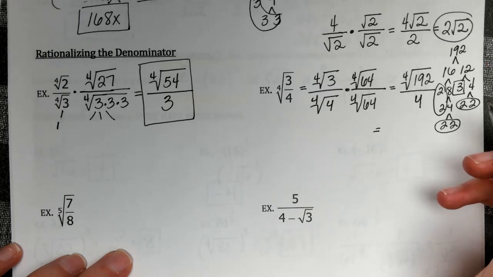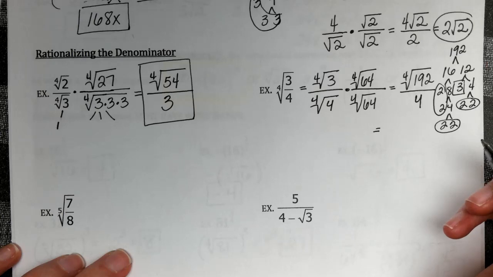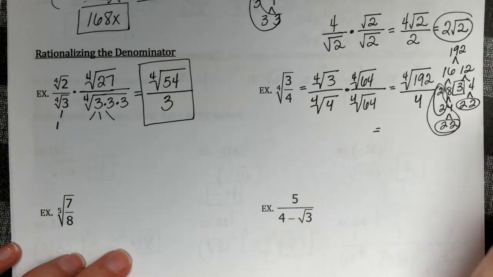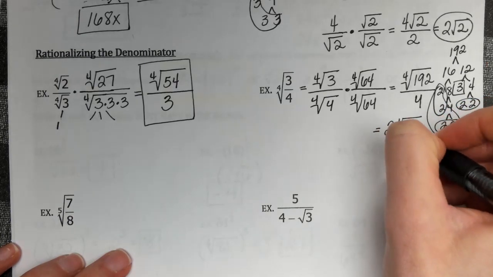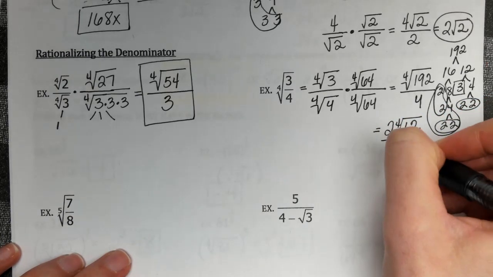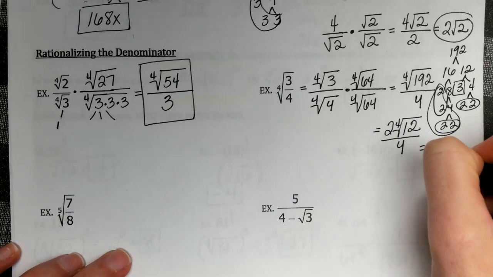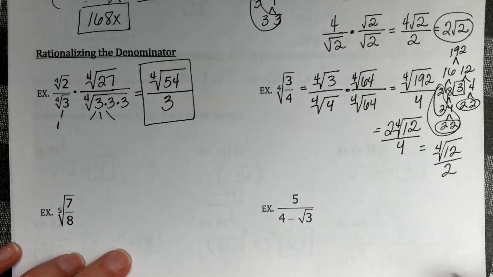What? I can't hear y'all. Four, yeah. So 2 fourth root of 12 over 4, which is fourth root of 12 over 2. Everyone did that.